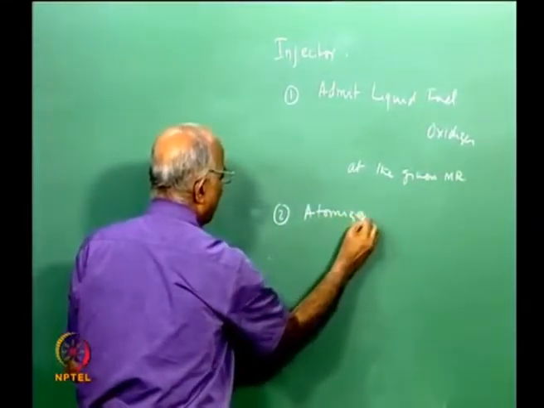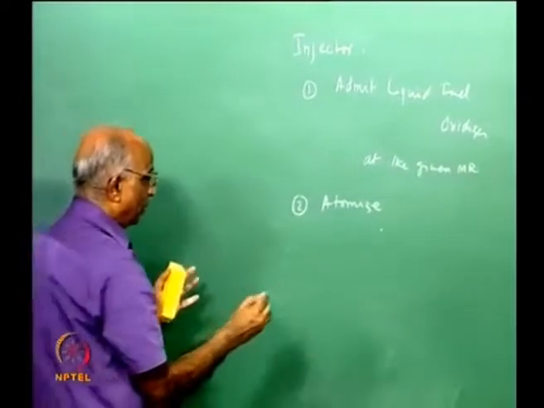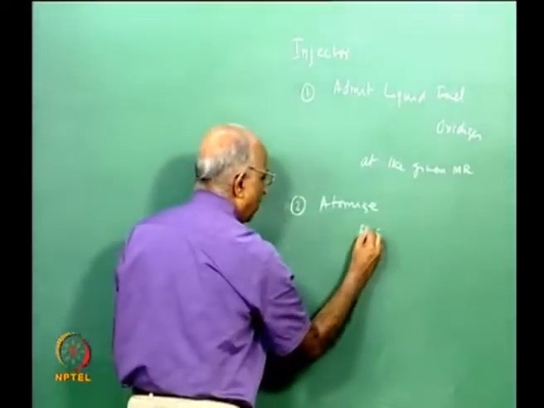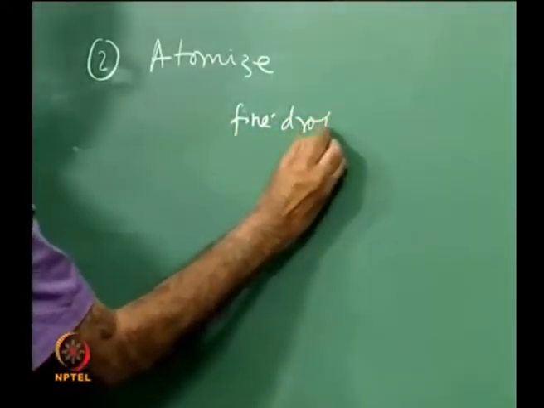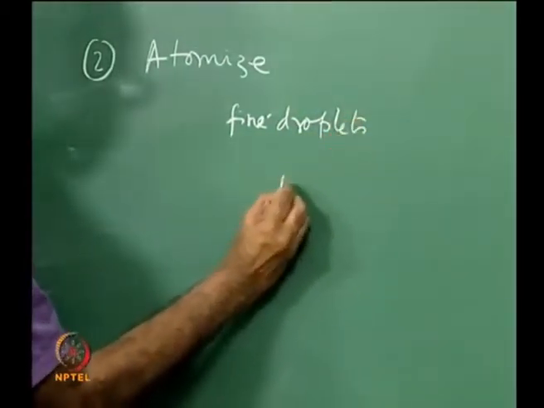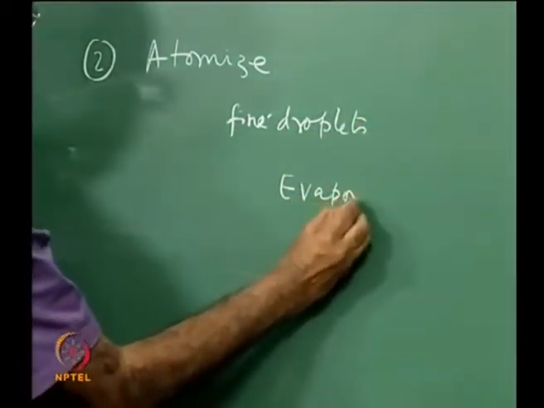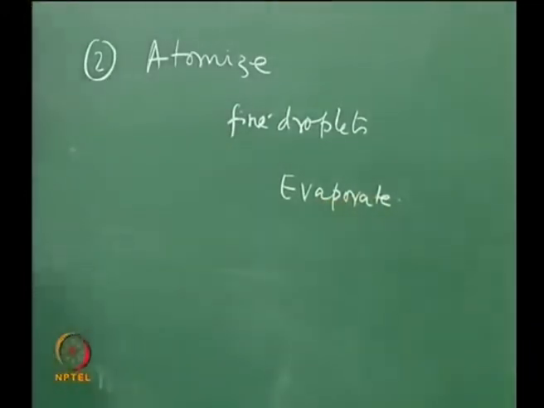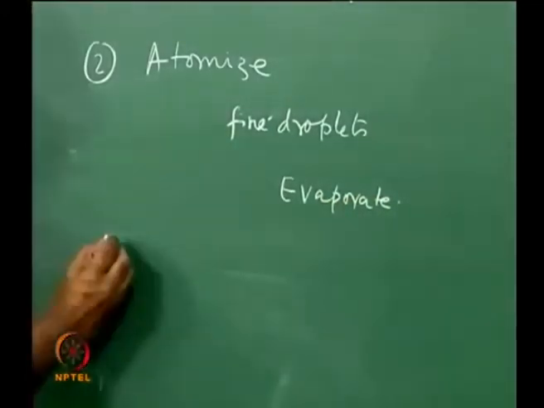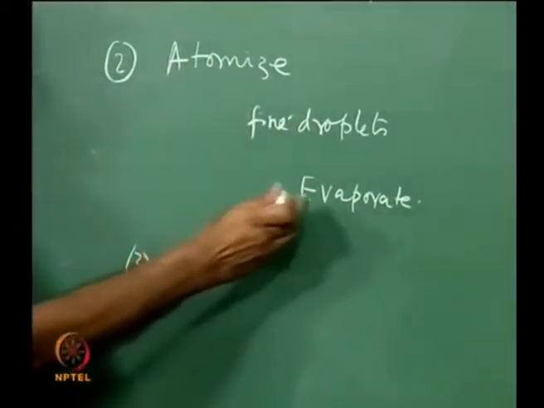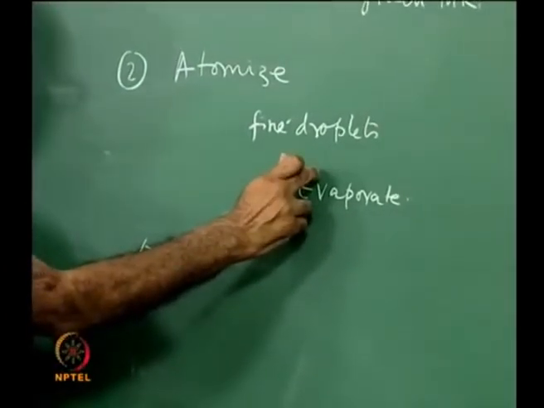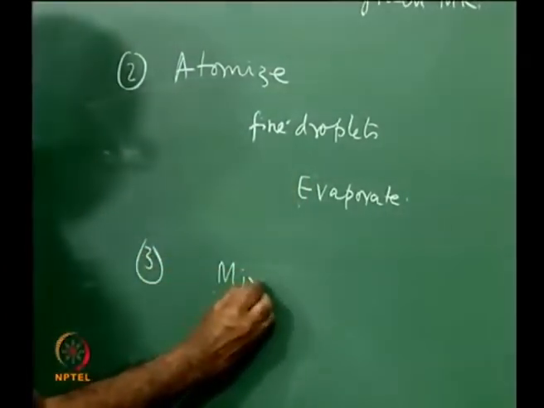What do we mean by atomize? It must disintegrate the liquid fuel into fine droplets, which can easily evaporate. Not only that, the third point is it must help the evaporated vapor to mix together.